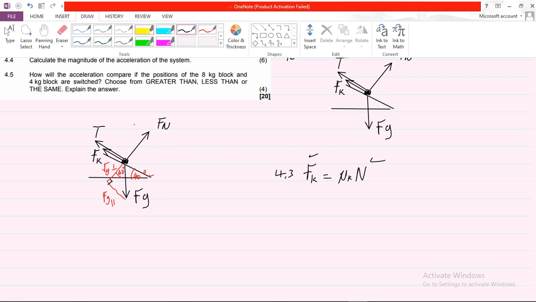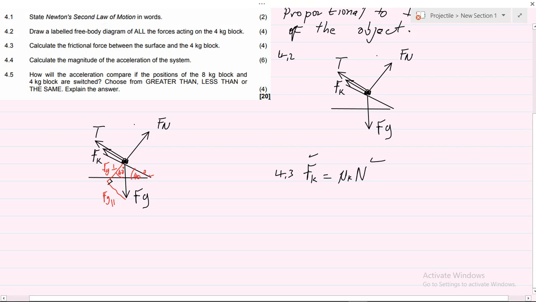Balanced forces act in opposite directions and there is no movement in that dimension. The block does not move into or away from the incline, so the force pointing this way equals the force pointing that way. That tells us that the normal force is equal to Fg perpendicular.